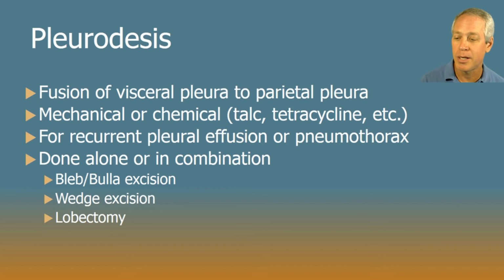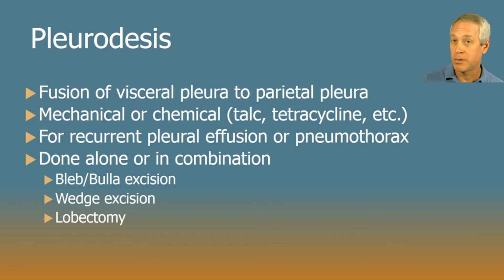Now, these can be done in combination with a couple of other procedures, clinically and CPT coding-wise. Bleb or bulla excision off the surface of the lung, which might have been the source of the pneumothorax. Bleb and bullae are respectively bubbles on the surface of the visceral pleura, which can be thin, susceptible to spontaneous damage and rupture, and that causes the pneumothorax.